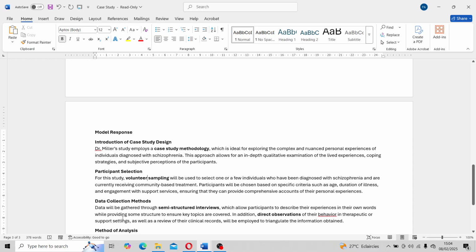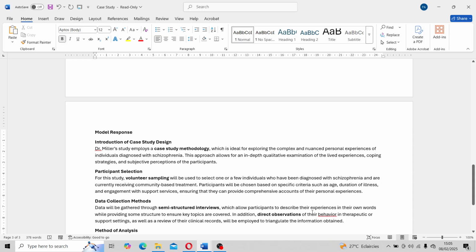Now, how you're going to collect data is the most important part. Like I said earlier, data will be gathered through semi-structured interviews, which allow participants to describe their experience. When they describe their experience, don't forget you have to encode the data. You have to encode what they are saying in their own words, while providing some structure to ensure key topics are covered. So you can have listed questions and then ask follow-up questions.